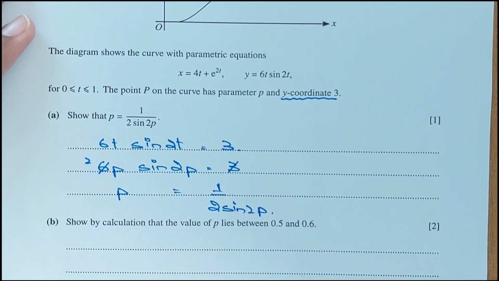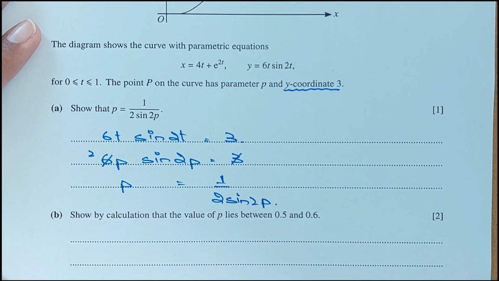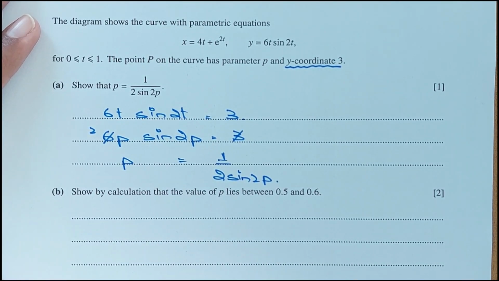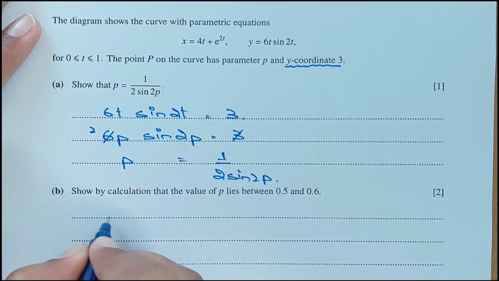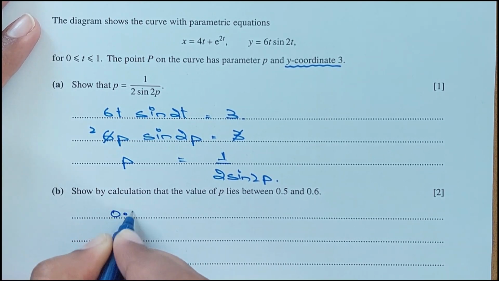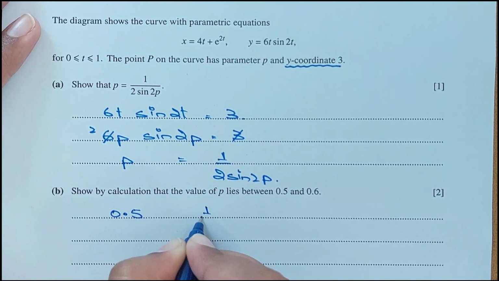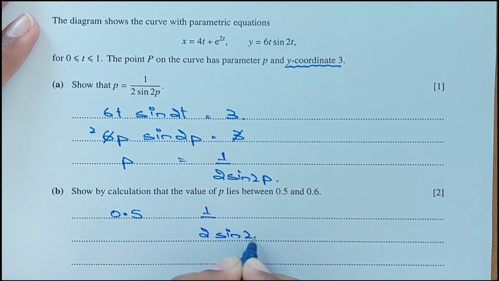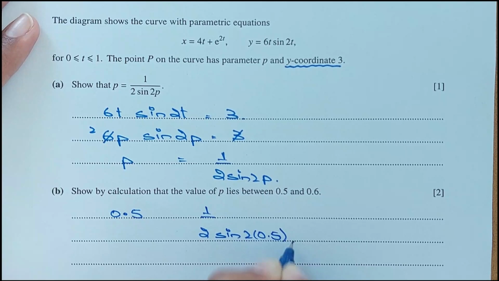So it's proved. Now for part B, show by calculation that the value of p lies between 0.5 and 0.6. If the p value lies between 0.5 and 0.6, it means a sign change occurs. So at 0.5, 1 over 2 sine 2 times 0.5. Let me check this.